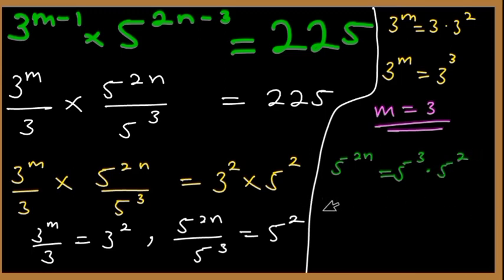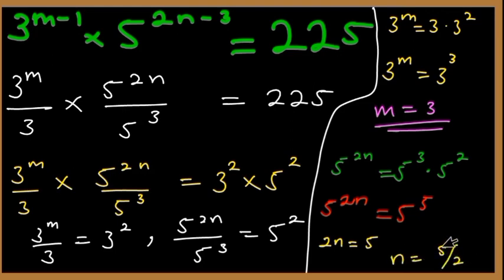So I will have 5 to the power 2n equals 5 to the power 5. So compare the exponent. I'll have 2n equals 5. So therefore n equals 5 divided by 2. So my m is 3 and my n is 5 divided by 2.